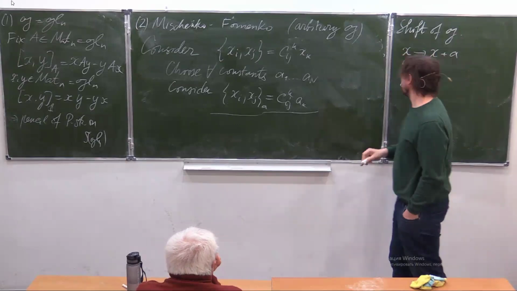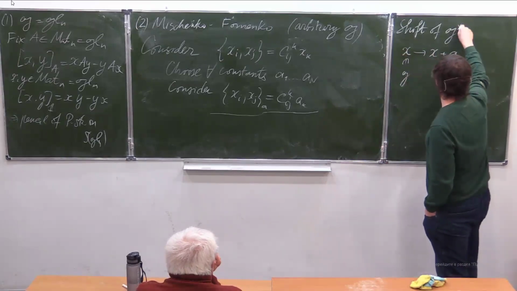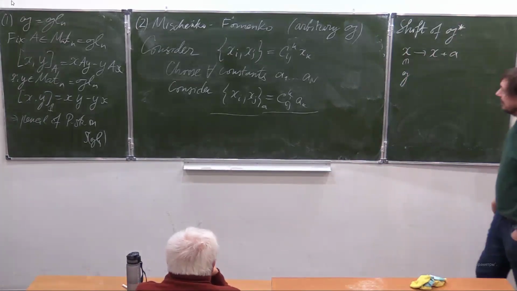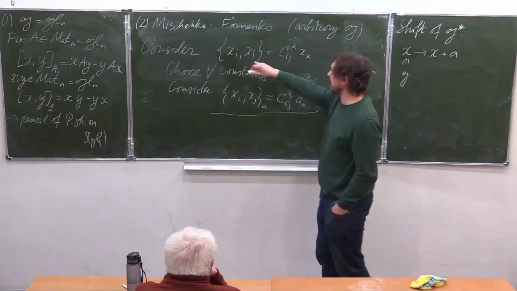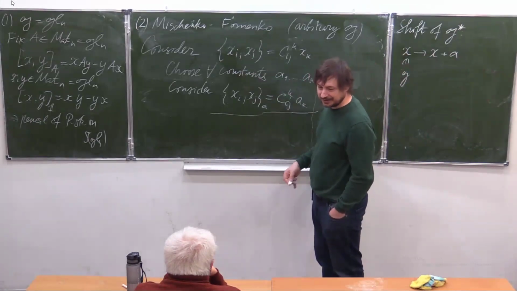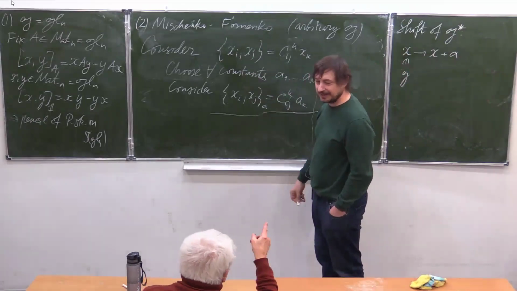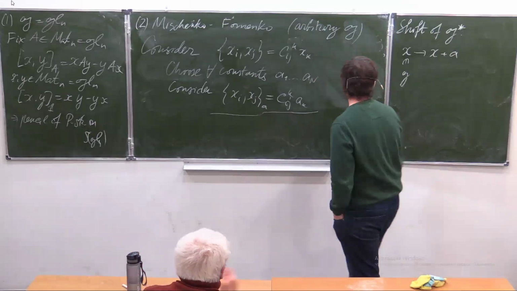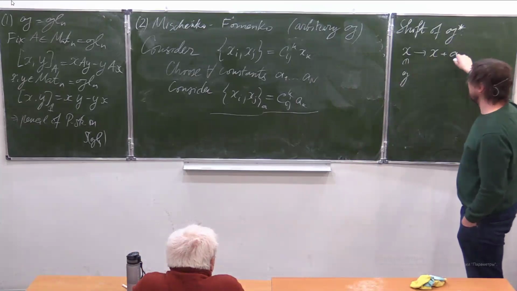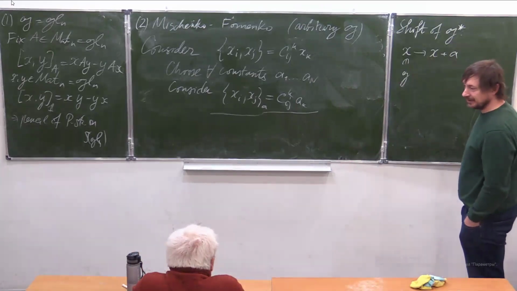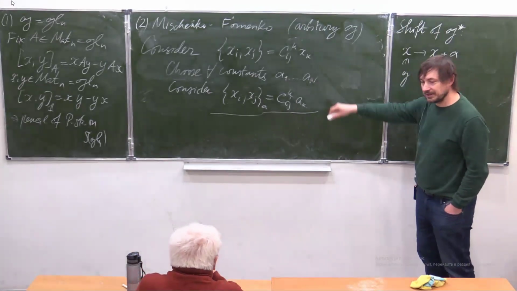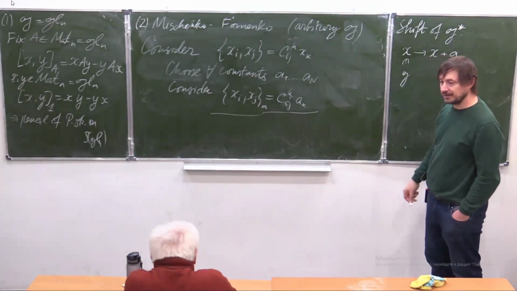I'd rather say not in G, but in G star, probably better to put it like this. So xi, xj are just coordinates in G star. But what is x? It's an element in G star. You can change its coordinates by adding constants to its coordinates.